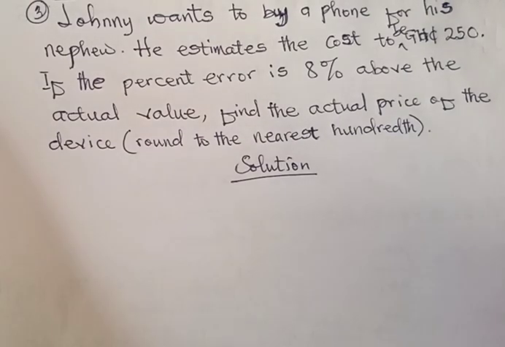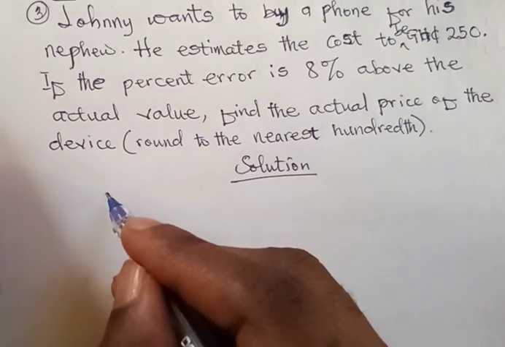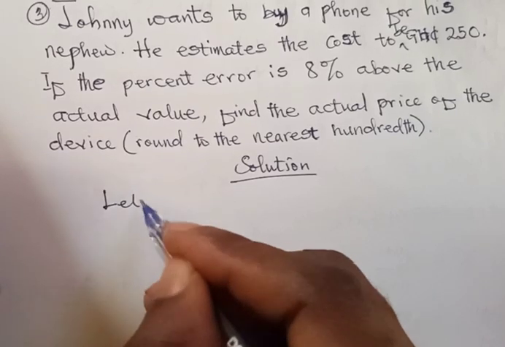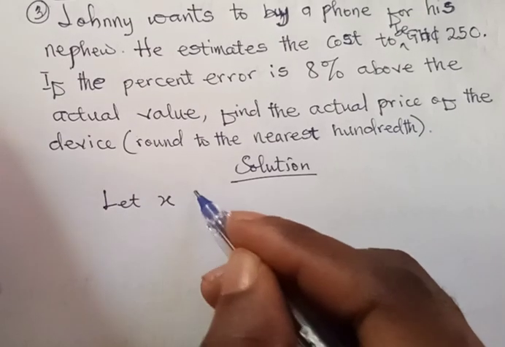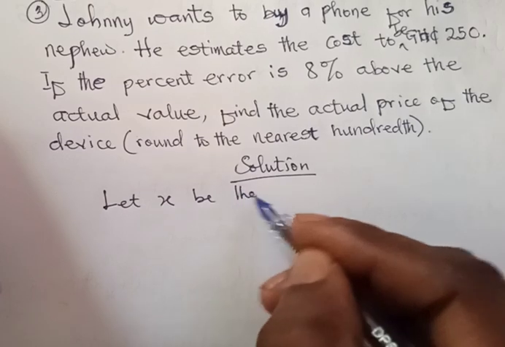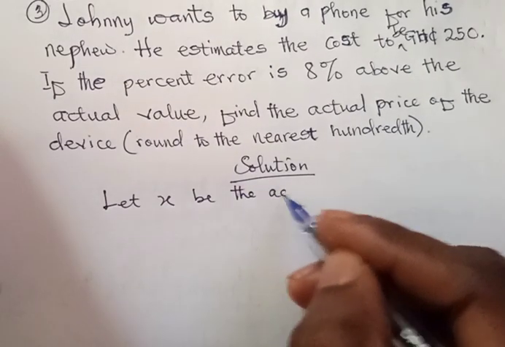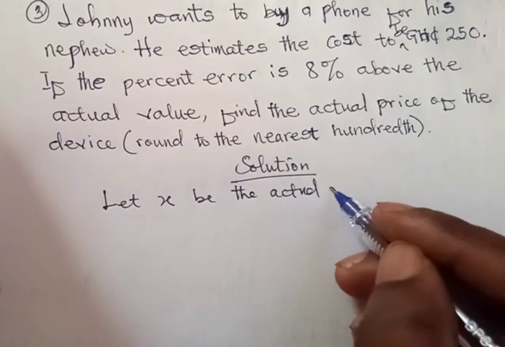Great. So let's write the values given down, because we are not given the actual value. So let's use a variable. Let x be the actual value.